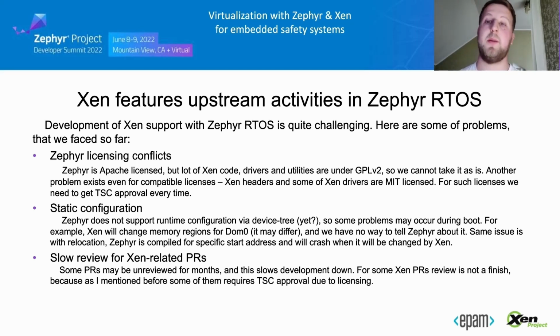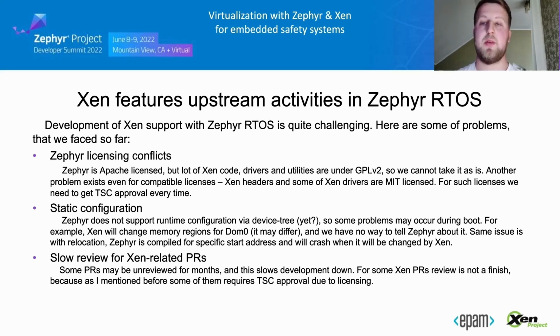For example, the domain memory map for Dom0 may differ from boot to boot when you change its configuration. Xen may place the Dom0 in a different place than the previous time, because Dom0 is mapped one-to-one in address space. It was the real address space of the board because it has access to all hardware.